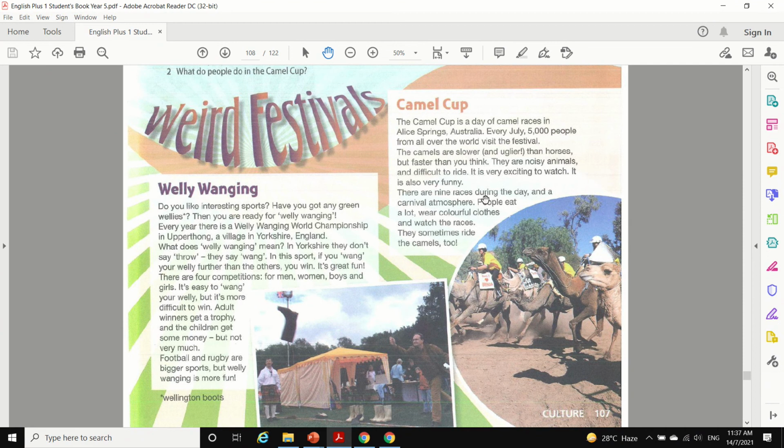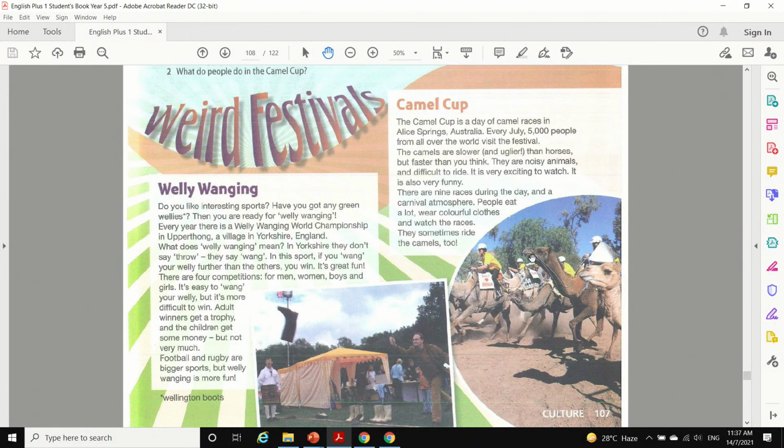So July means this month, but because of COVID-19, I don't think they celebrate this festival this year. But in past years they celebrated this carnival.